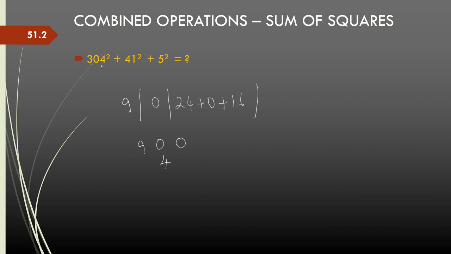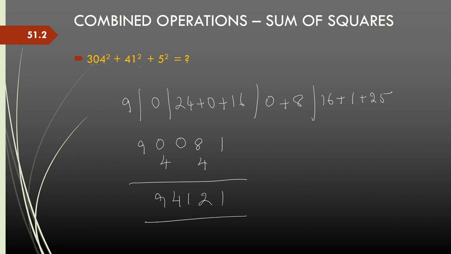Then we have 2 times 0 times 4, that is 0, plus 2 times 4 times 1, that is 8. So this is 8 here. And then I have the last part, which is 4 square, 16, plus 1 square is 1, plus 5 square is 25, which is 41. So this is 9, 4, 1, 2, 1. So that's the answer.